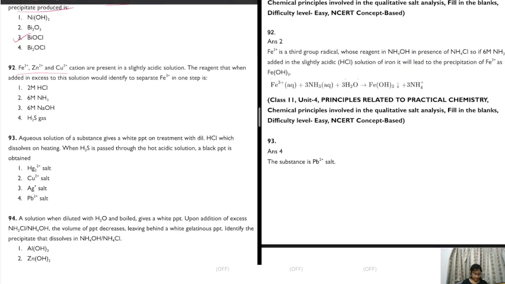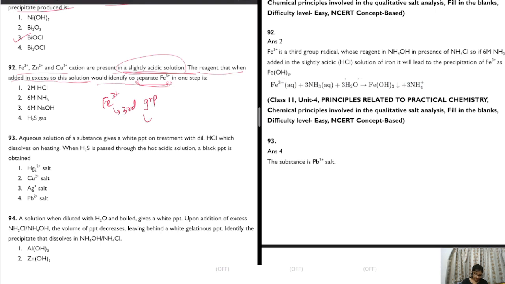Fe3 plus, Zn2 plus, and Co2 plus cations are present in slightly acidic solution. In slightly acidic solution they are present. Which reagent, when added in excess to this solution, would separate Fe3 plus in one step? See, Fe3 plus is a third group radical.